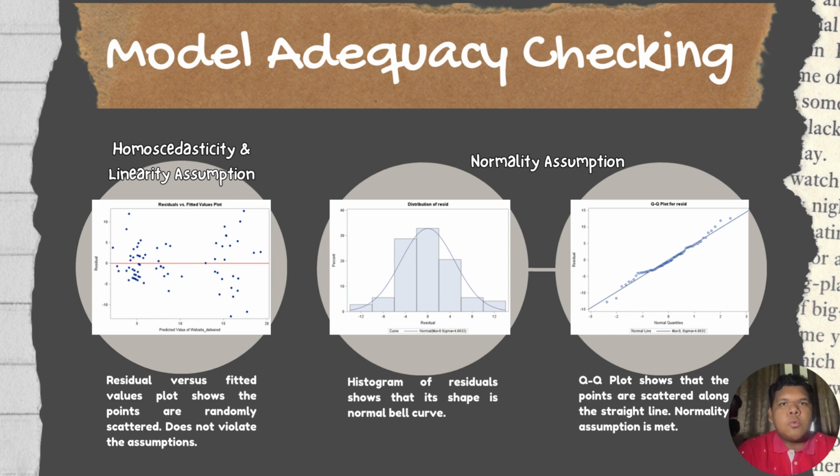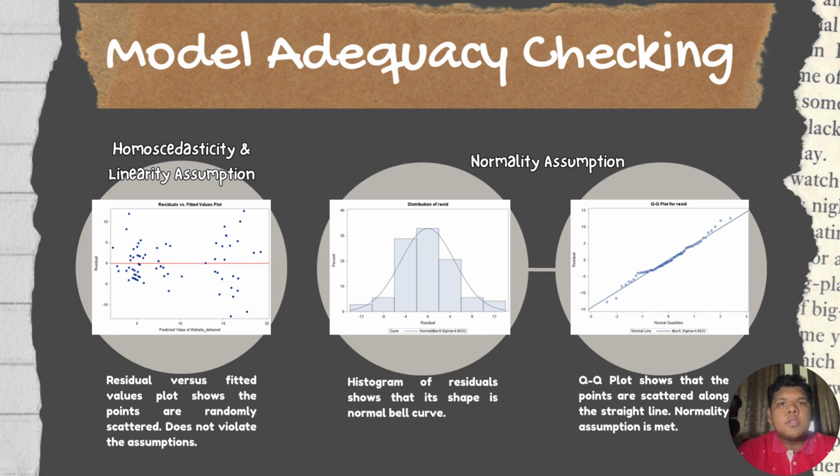So we want to test whether our model follows the assumptions of homoscedasticity and linearity. So we run a residual versus fitted values plot, which shows that the points are randomly scattered in the graph. So it means that it does not violate the assumption.